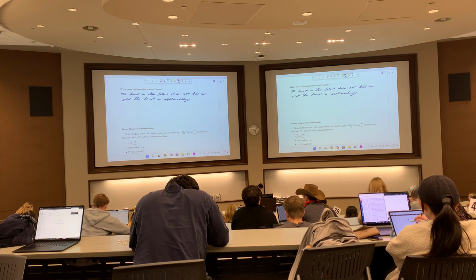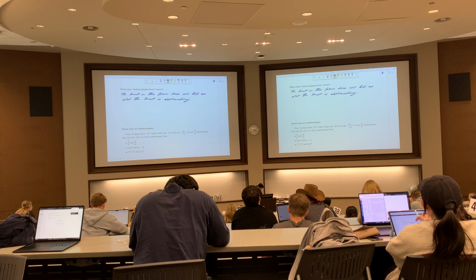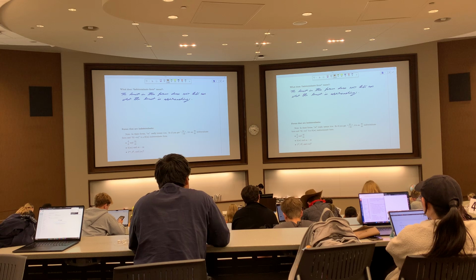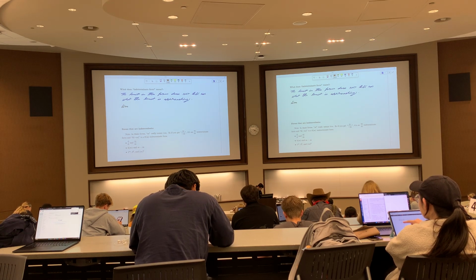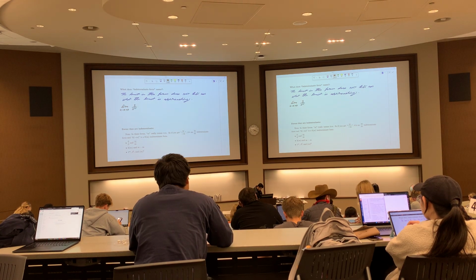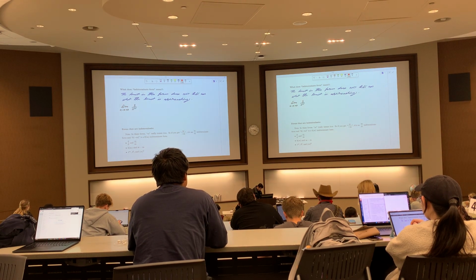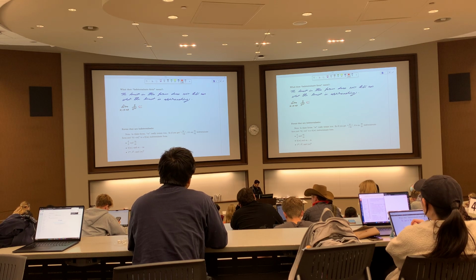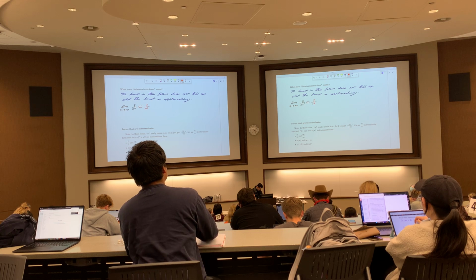So let's take a look at some examples quickly. If I take the limit as x approaches infinity of 3 over x squared, and I do the direct substitution here, I can see it's going to be 3 over infinity.